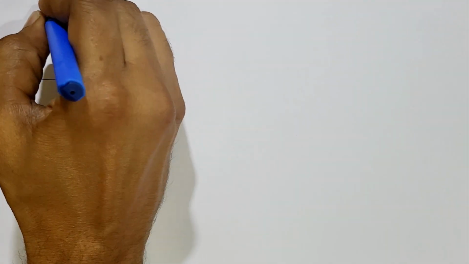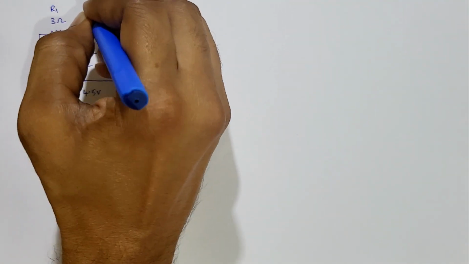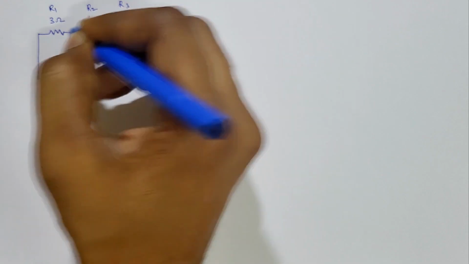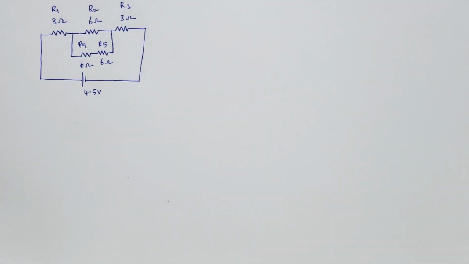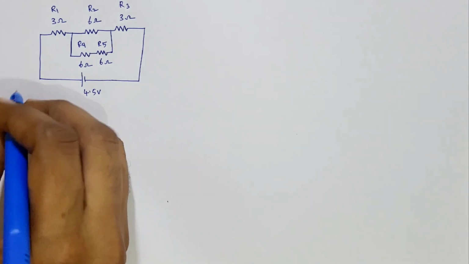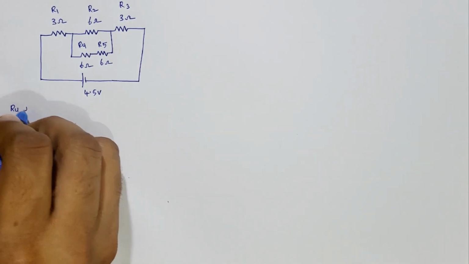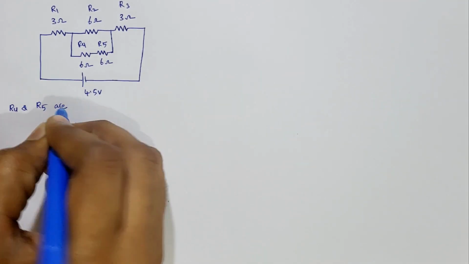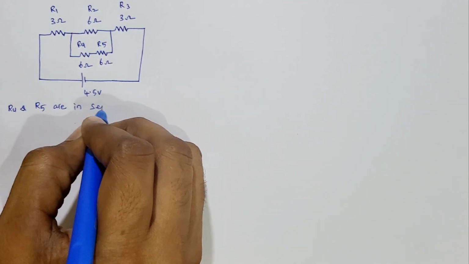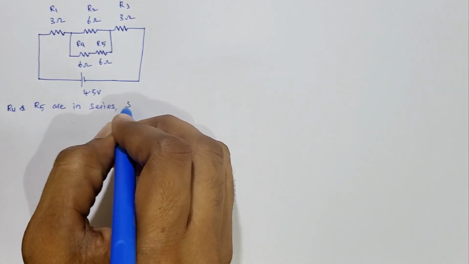Name this one as R1, this one as R2, R3, R4, R5. Okay. So now first step, R4 and R5 are in series.